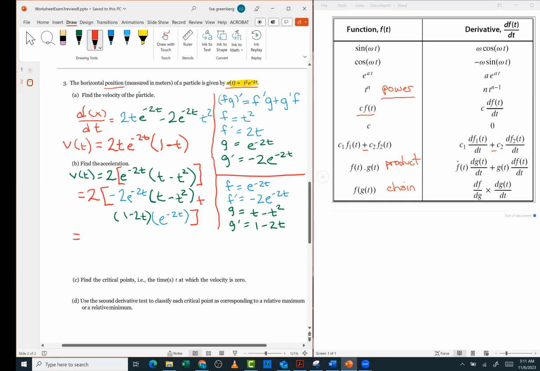I definitely can factor out an e to the minus 2t. So I have 2 times e to the minus 2t times negative 2 times t minus t squared plus 1 minus 2t. And I already factored out that e to the minus 2t.